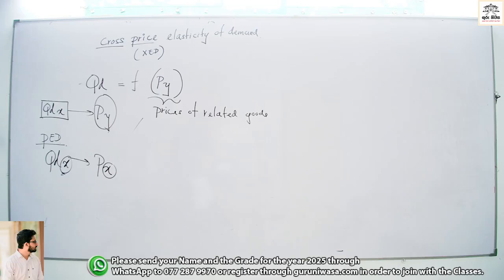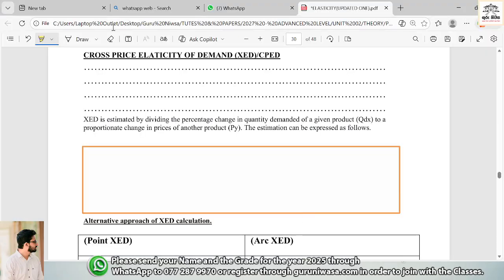Put a star marker and write down the definition. Cross price elasticity of demand, write down.